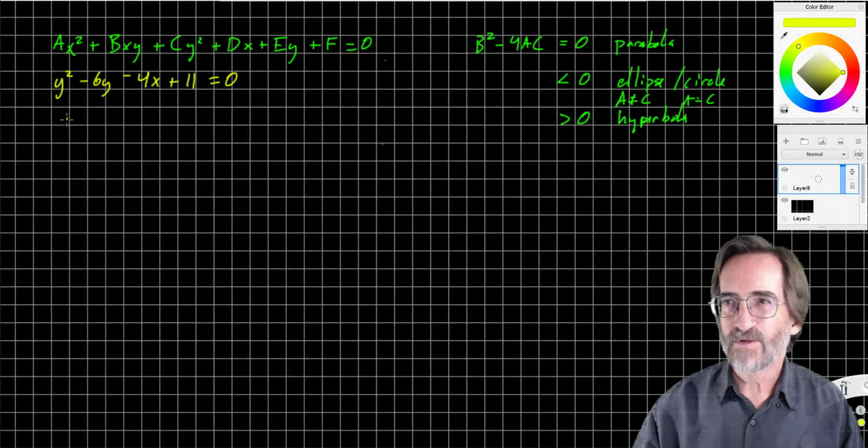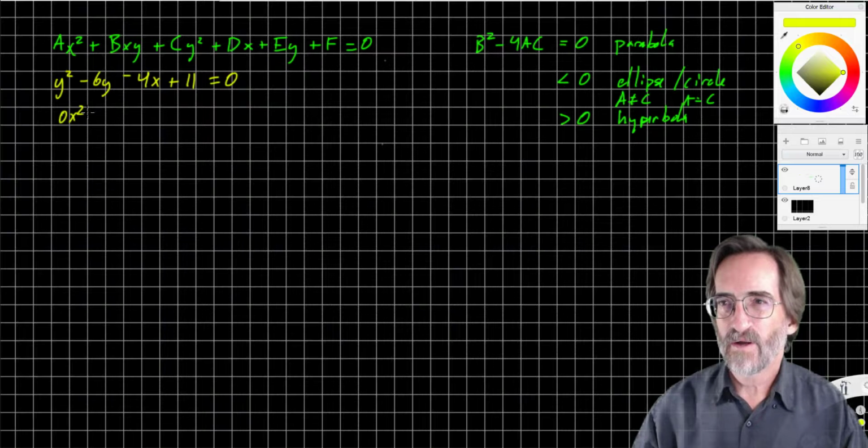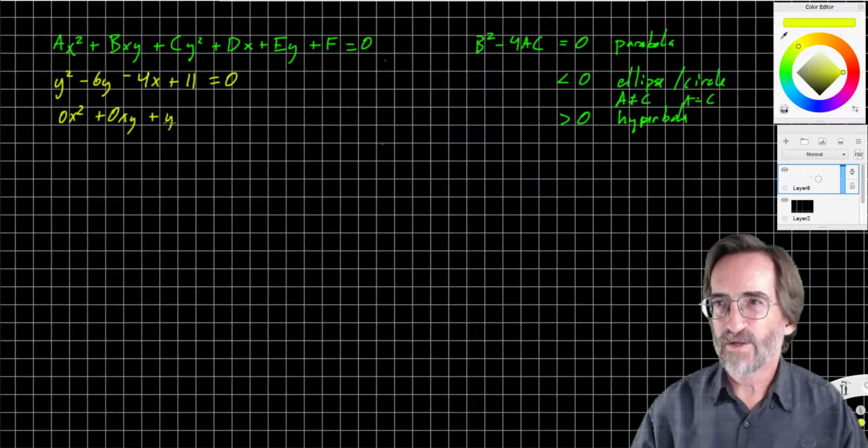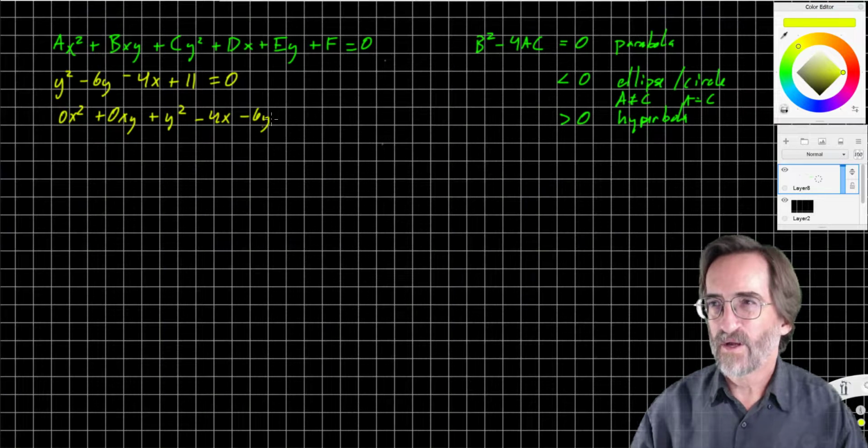There's no x squared, so we would say 0x squared. There's no xy term, so 0xy. There is a y squared term, so y squared. There is an x term, minus 4x. There is an e term, a y term, so minus 6y. And there's a constant, plus 11.